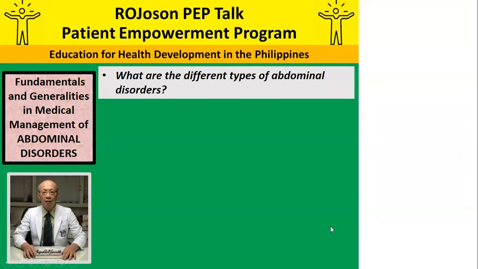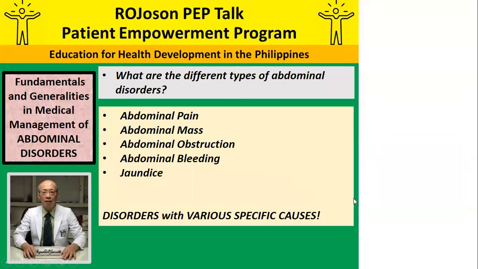The second topic is what are the different types of abdominal disorders. The common different types of abdominal disorders are the following: abdominal pain, abdominal mass, abdominal obstruction, abdominal bleeding, and jaundice.